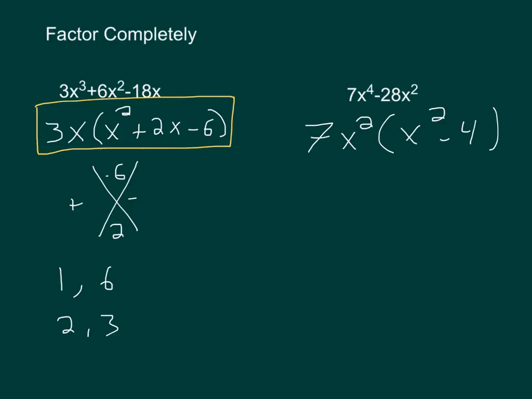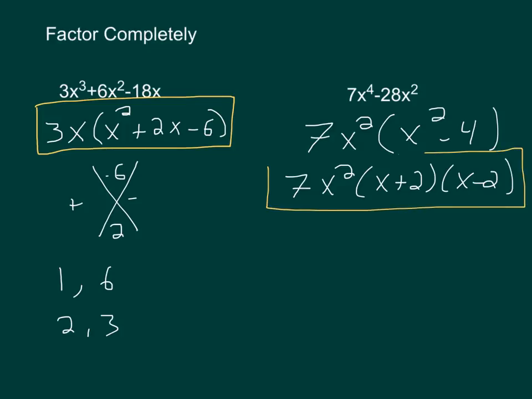Can't break down a monomial any further, 7x squared. X squared minus 4 I actually can break down, and that's going to be a difference of squares. So that allows me to quickly jump to 7x squared times x plus 2 times x minus 2, because x to the second power is x squared, and 2 to the second power is 4.